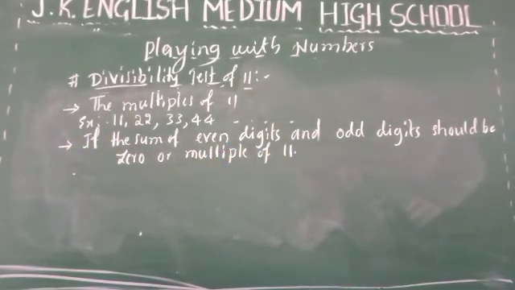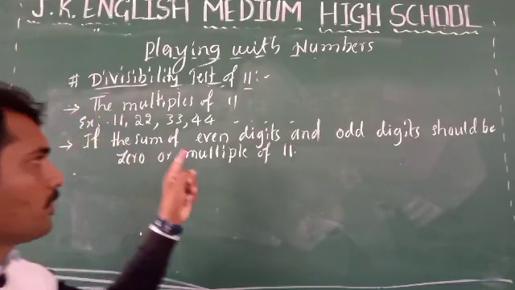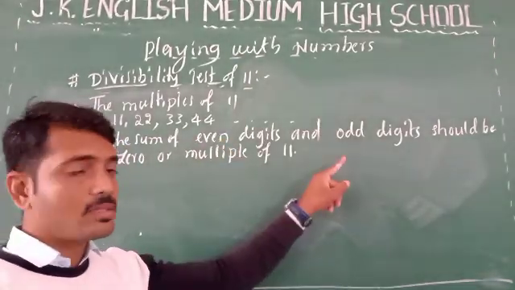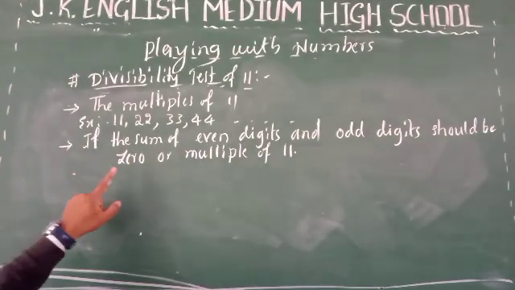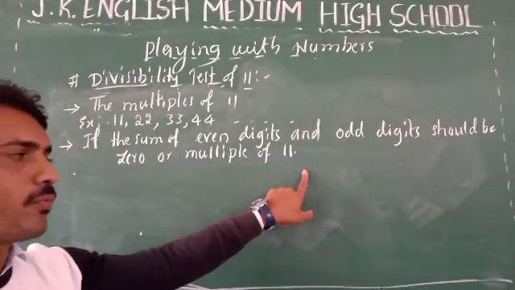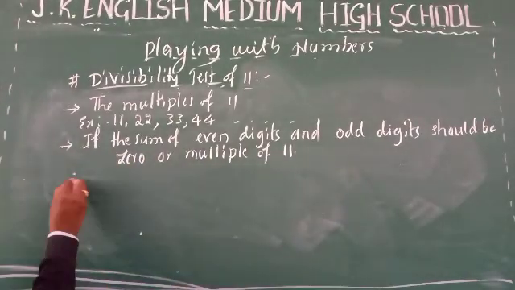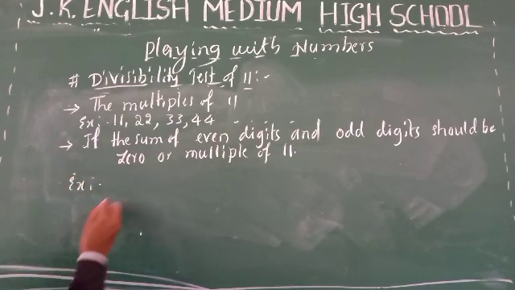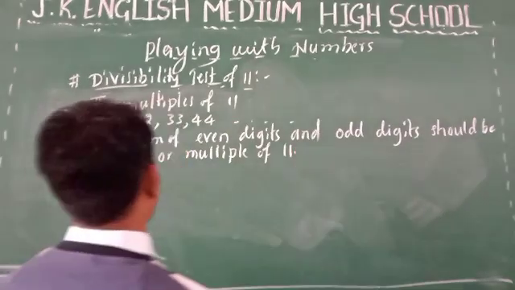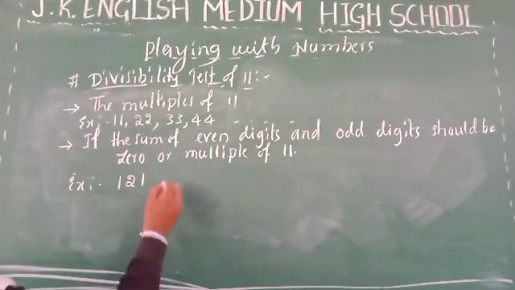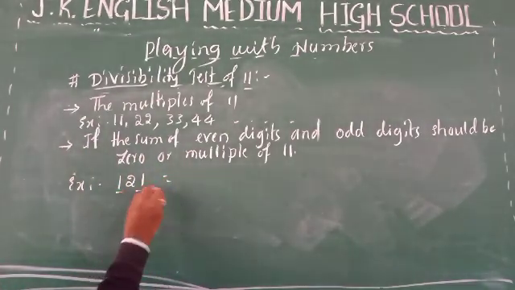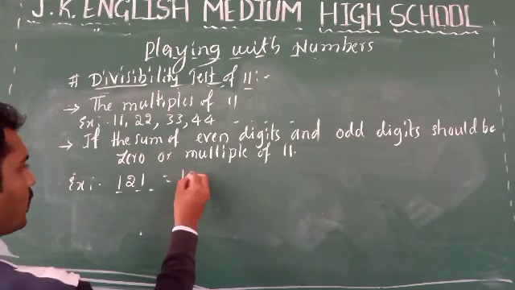So once again I will clear you: the sum of the even digits and odd digits should be 0 or a multiple of 11. For example, I will take one number: 121. Let us discuss 121. How to add this? First we should write like this.